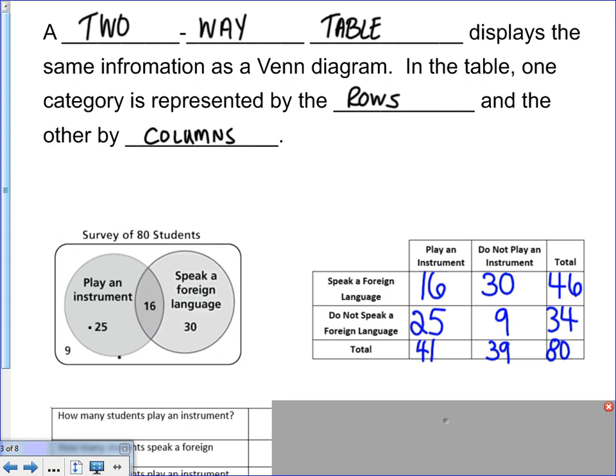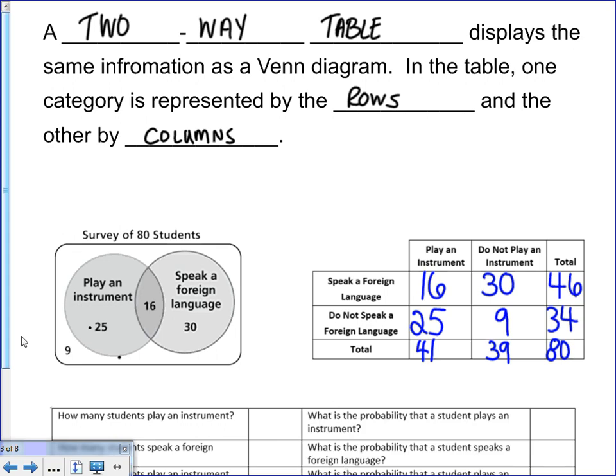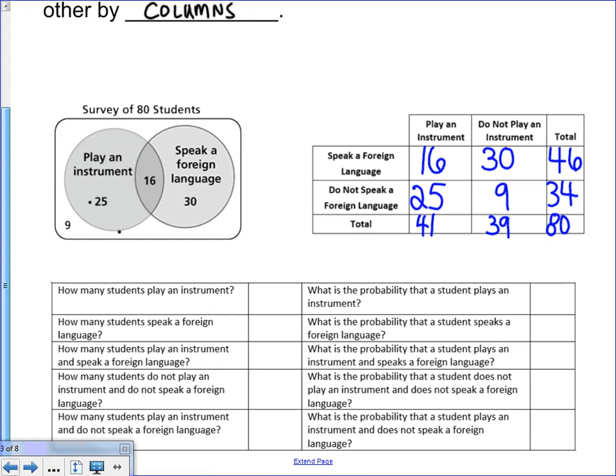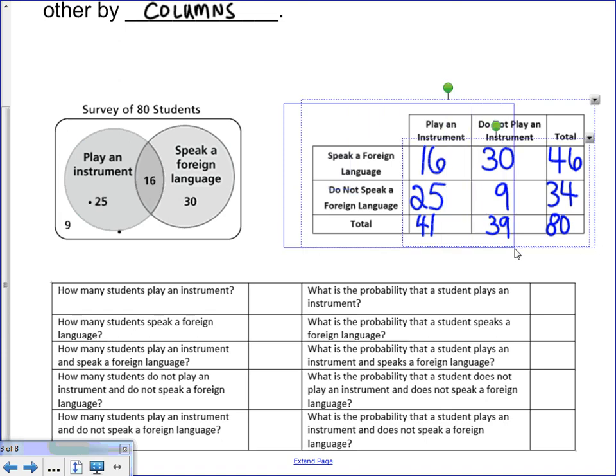What I want you to do next is there is a table down at the middle part of your page, and I would like you to fill in that table. On the left side, it's going to ask you questions like how many students play an instrument, how many students speak a foreign language. I would ask that you try to focus on your table here, not your Venn diagram.